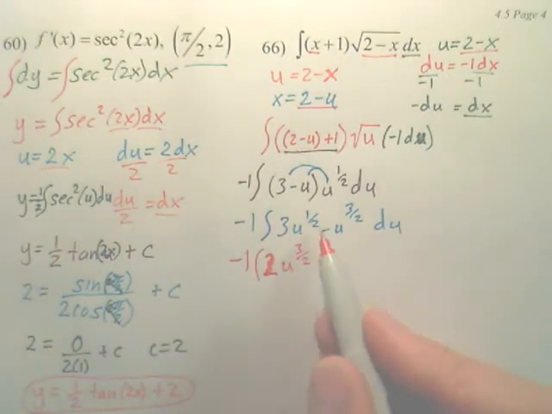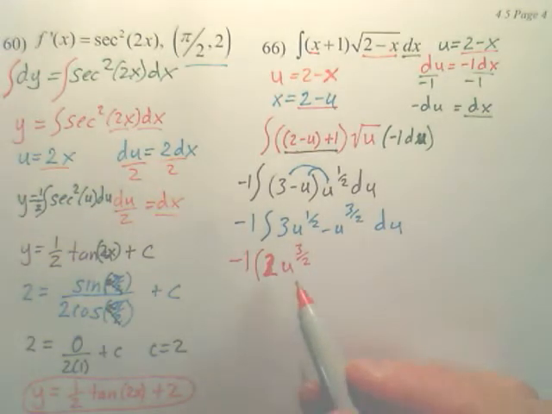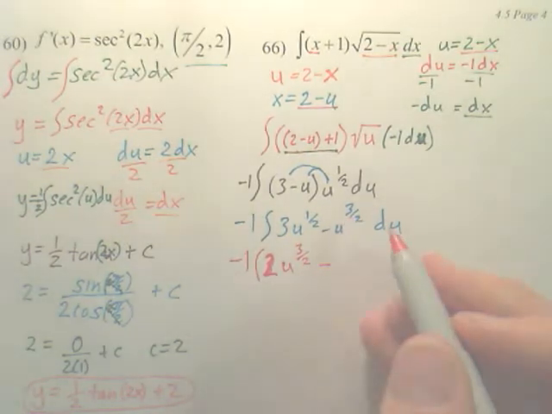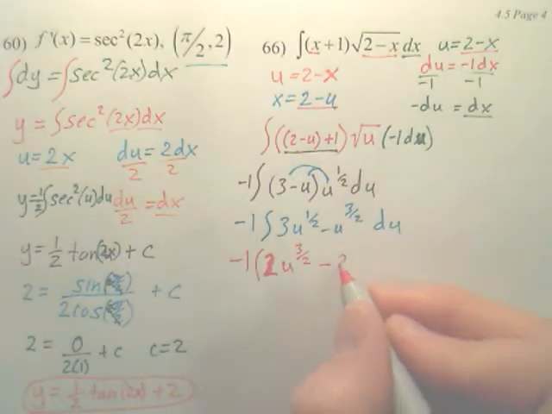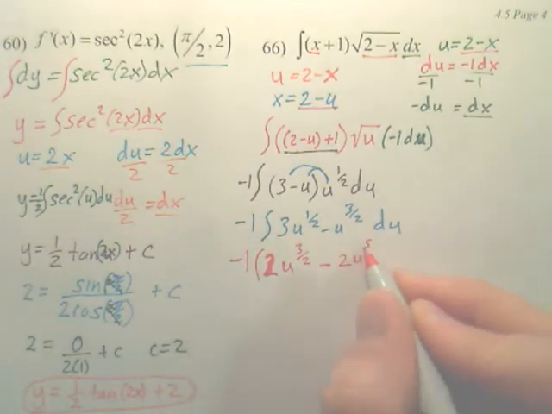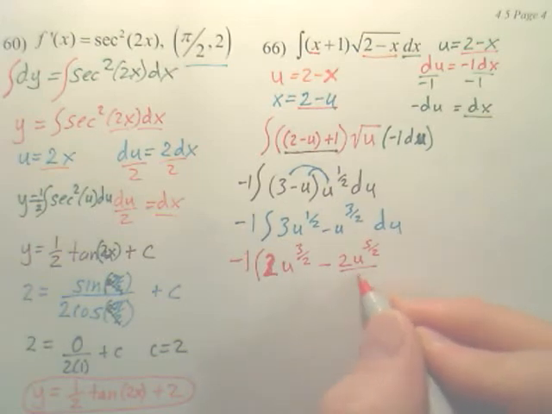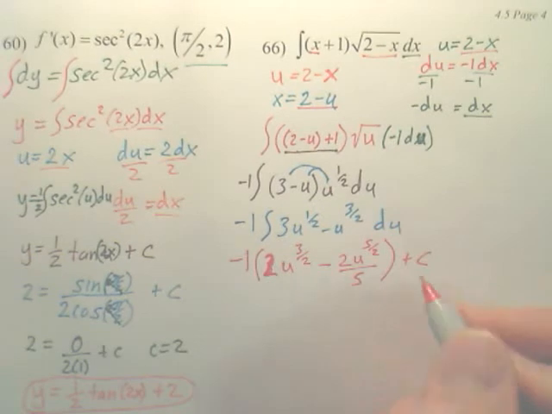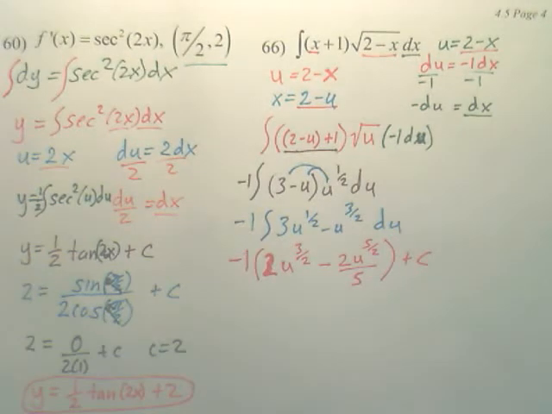Because it becomes 3 over 2, and when you divide, the 3's cancel, leaving the 2 on top. I skipped some steps. When you add 1 to 3 over 2, don't you get 5 over 2? Okay?